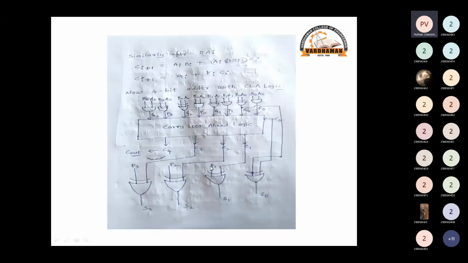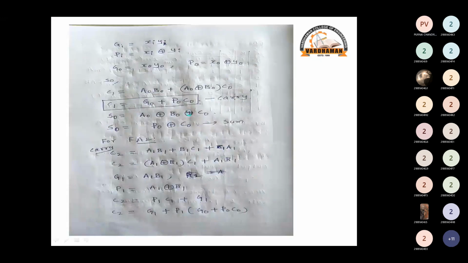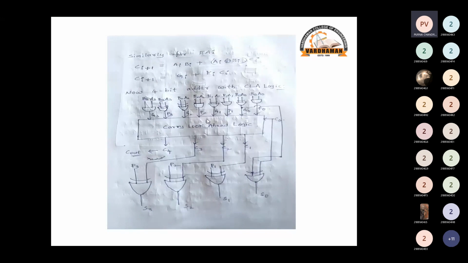It is nothing but this one. I'm sorry, I wrote it in reverse manner. This is P1, this is G1. Wrong actually. Propagate means XOR operation. Here, this figure is wrong. Try to correct this one. So here it is.